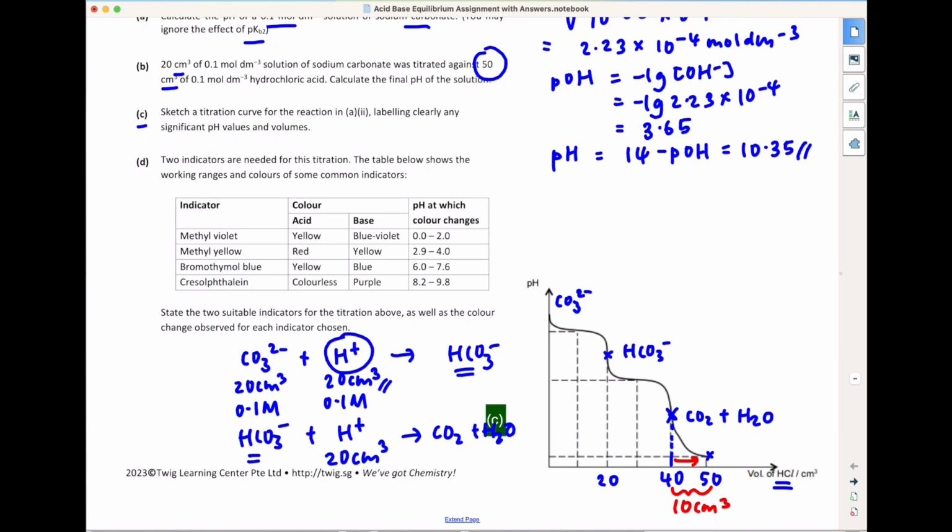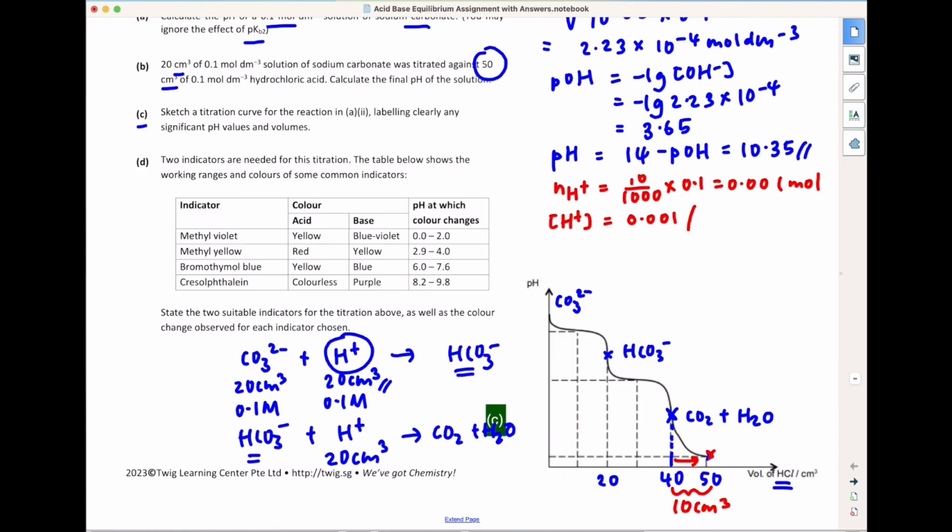We calculate the number of moles of H+ at this point: 10 over 1000 times 0.1, which is 0.001 mole. The concentration of H+ is 0.001 divided by the volume.